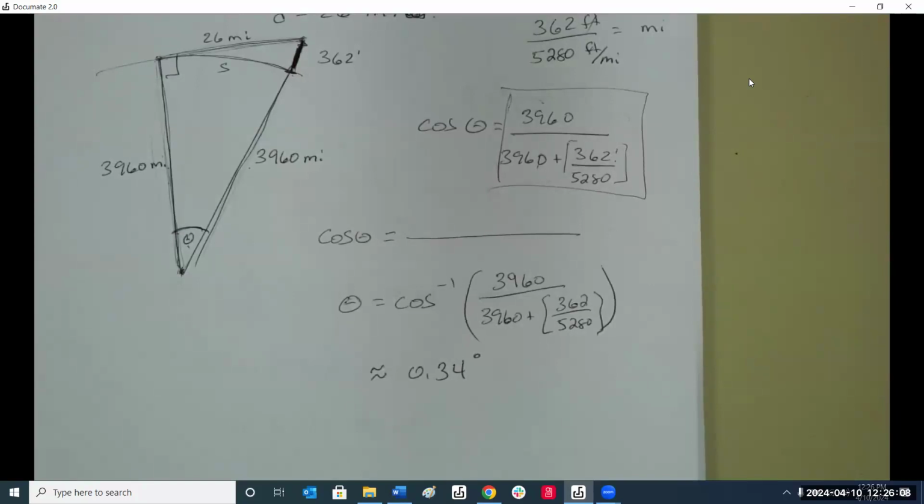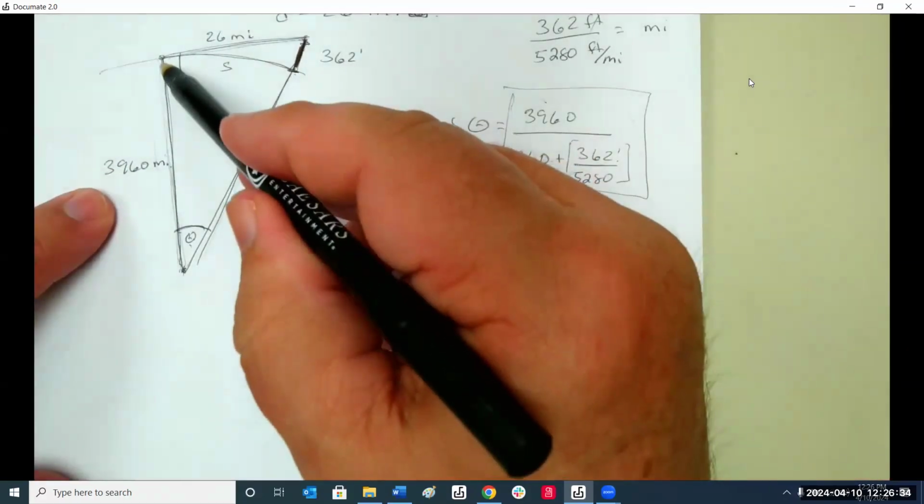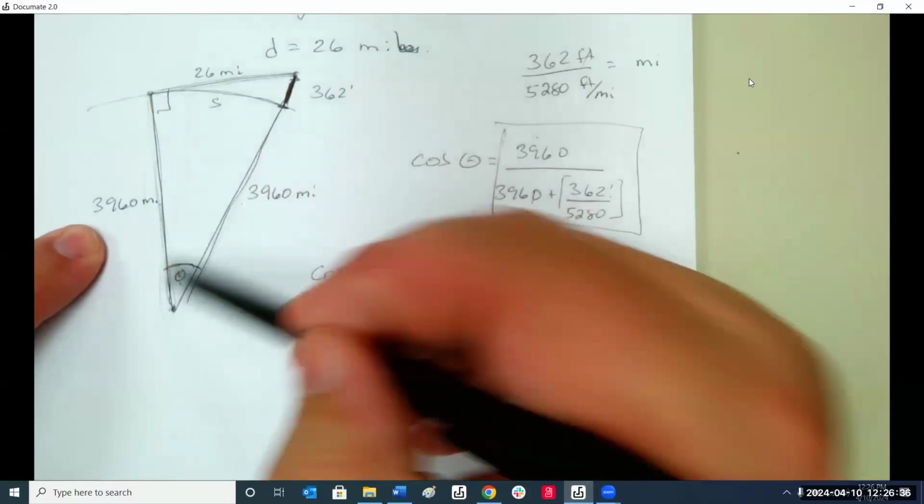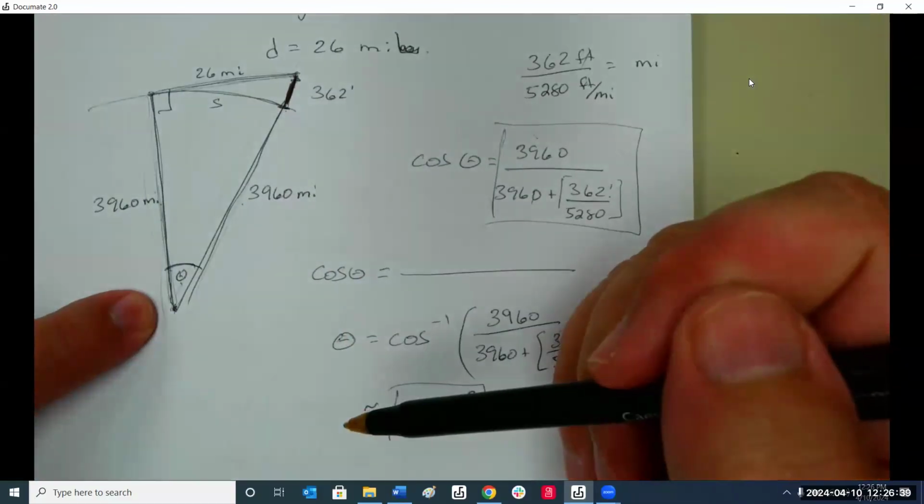Yeah, but it's not in degrees. I mean, it is in degrees. If you look at the proportionality, this is 3900, 3900.